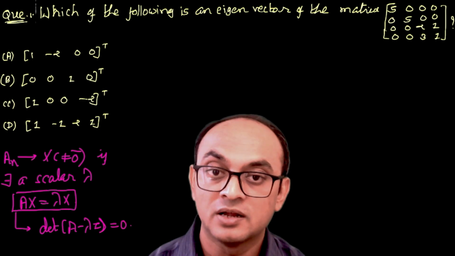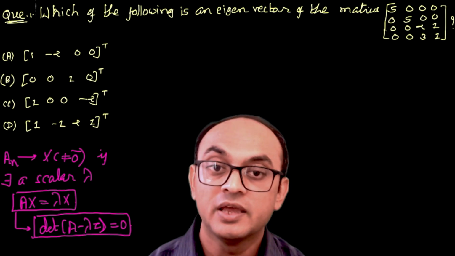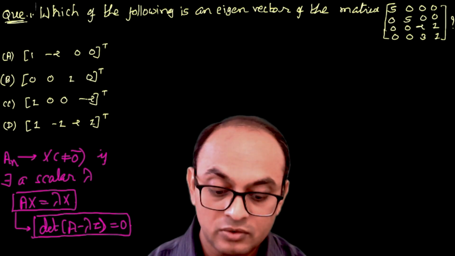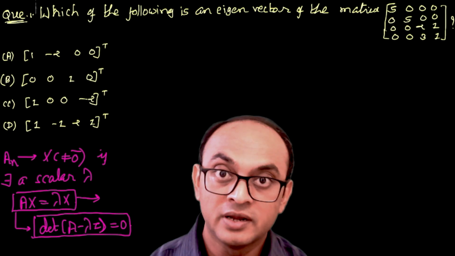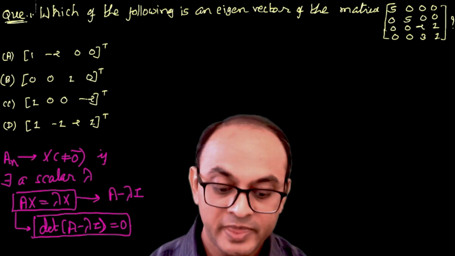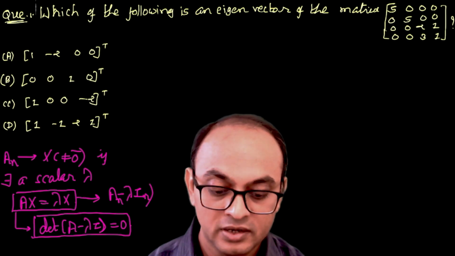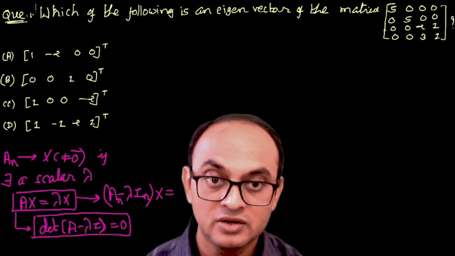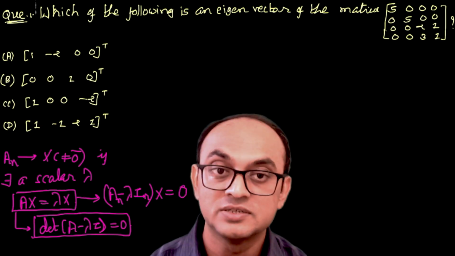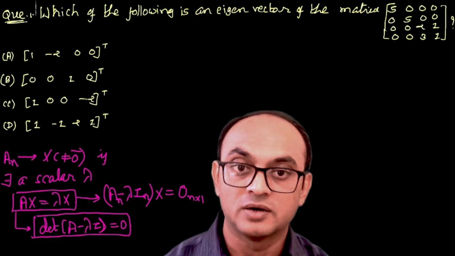This is another equation: determinant of A minus lambda I is equal to 0. Now the first equation can be rewritten as (A minus lambda I) x = 0, where A is of order n, I is the identity matrix of order n, and 0 is a matrix of order n cross 1.